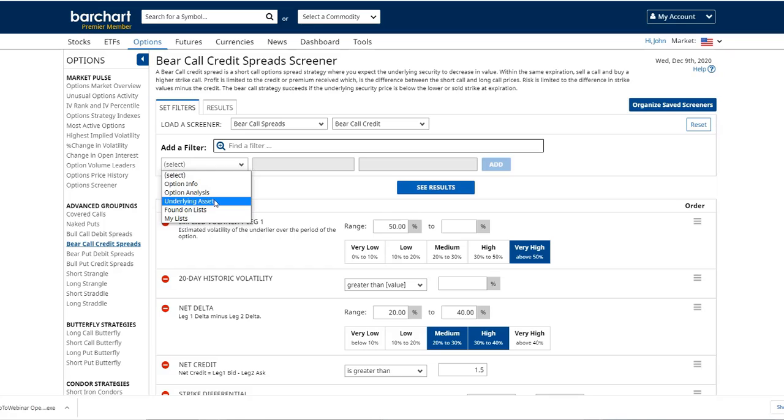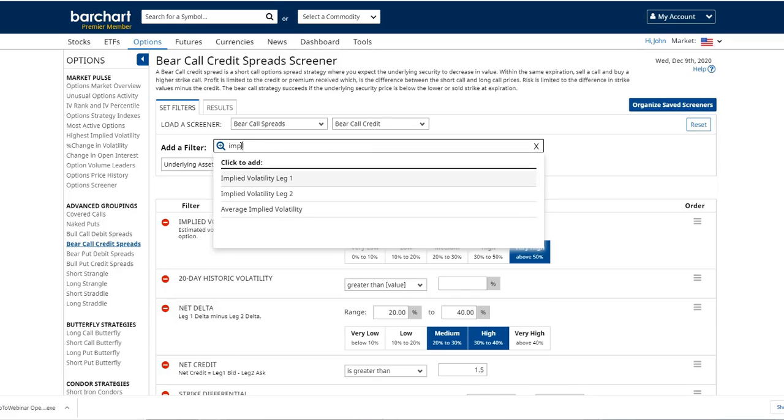One thing you can show is, up where it says add a filter, yes, right there. If you are looking for something specific, and there are so many filters in these screeners, for instance if I'm looking for implied volatility, just start typing what you're looking for and we will show you the filters that are available.